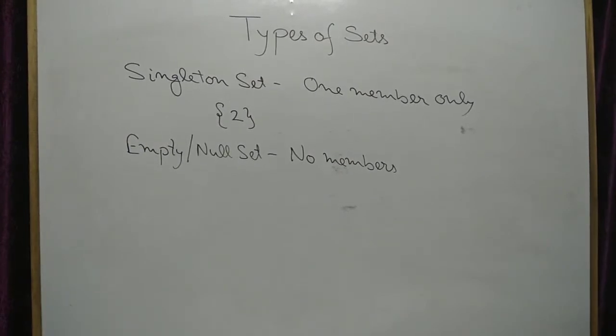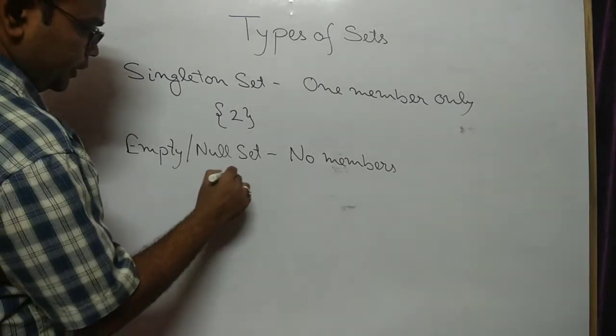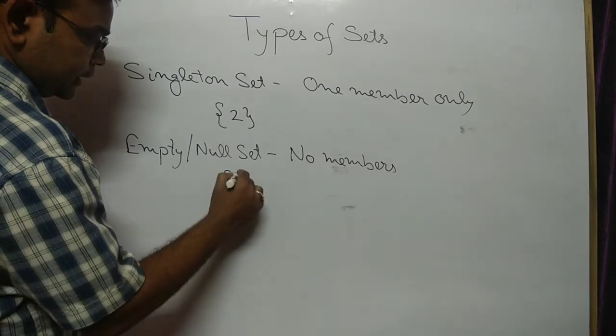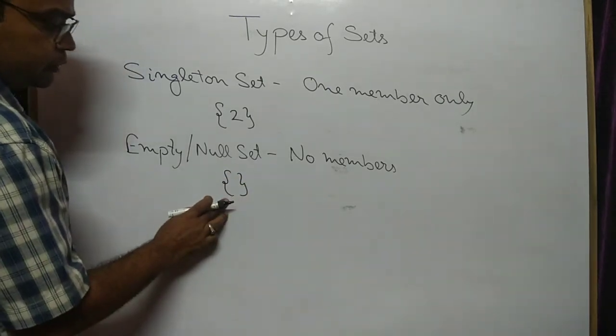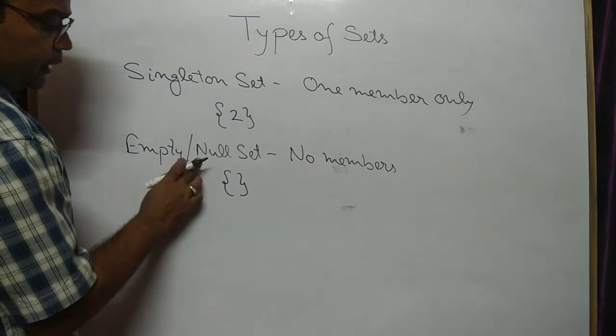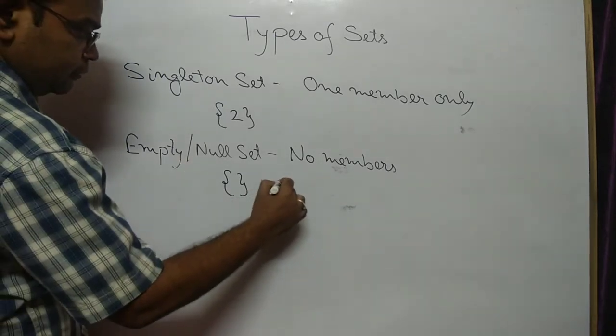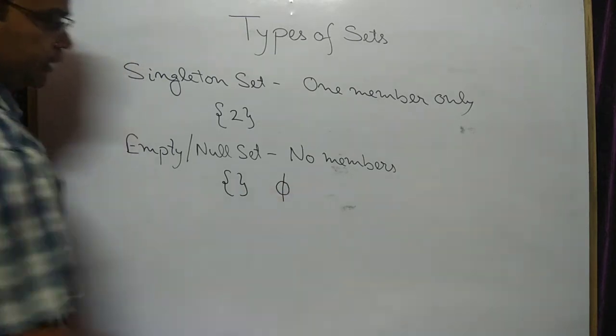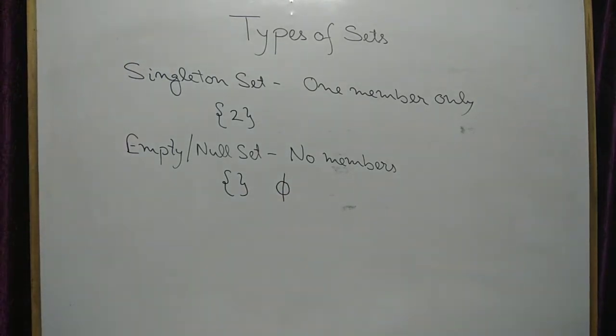In this case, remember, it is denoted by two symbols. Either we can use open braces and close braces, which represent an empty set or null set, and one more symbol is there, phi. If you draw this phi, it also represents your null set. You must remember these symbols.